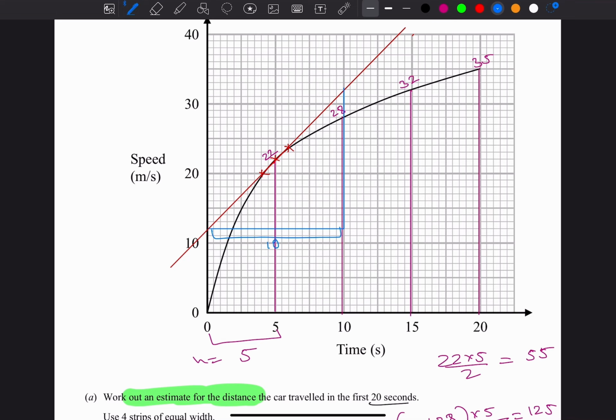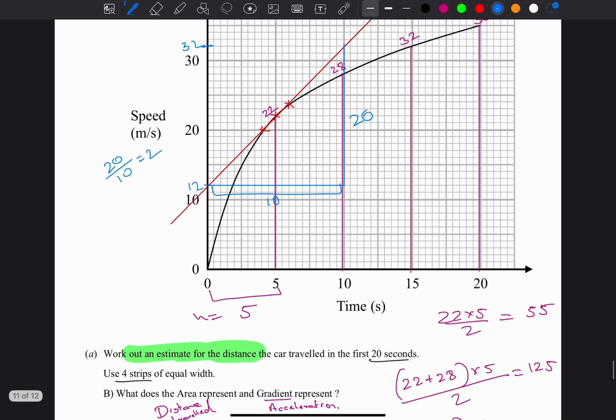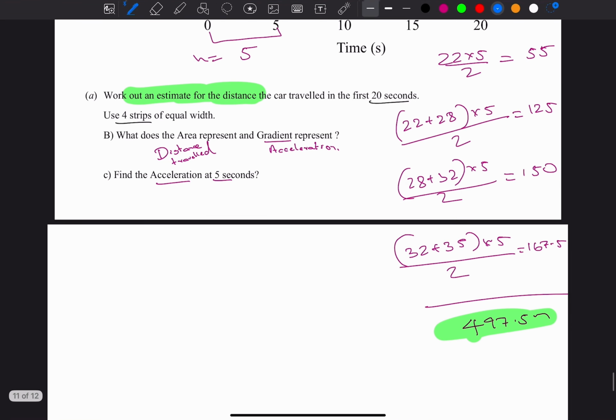And that number is 12. This number is 32. So 32 take away 12 is 20. So we go 20 divided by 10, which is 2 meters per second squared. So I would say any answer between 1.8 and 2.2 is okay. I got 2. If you got 2, that's perfect.